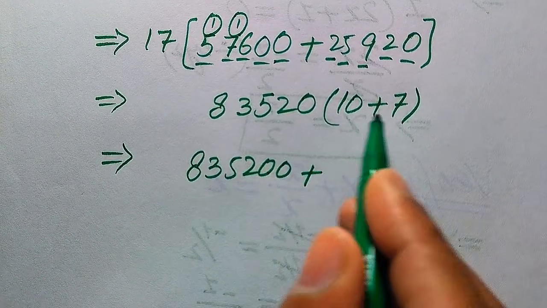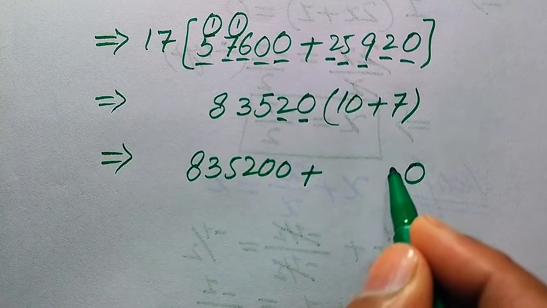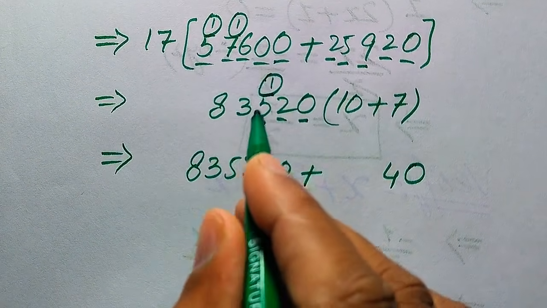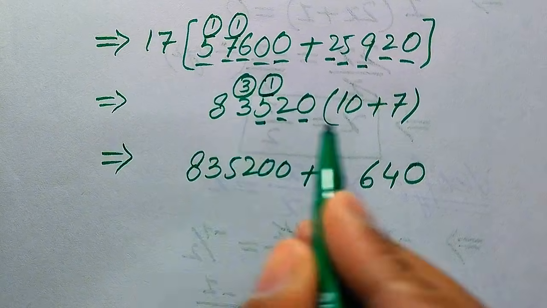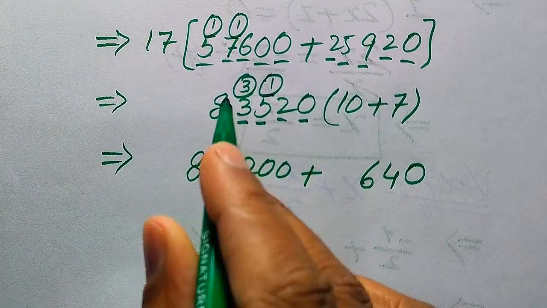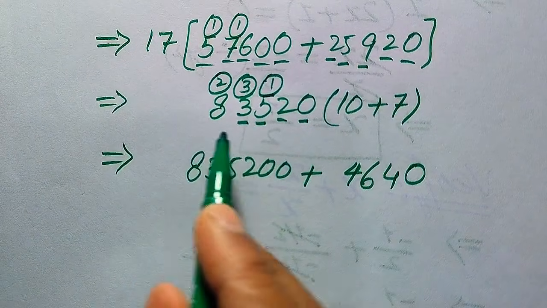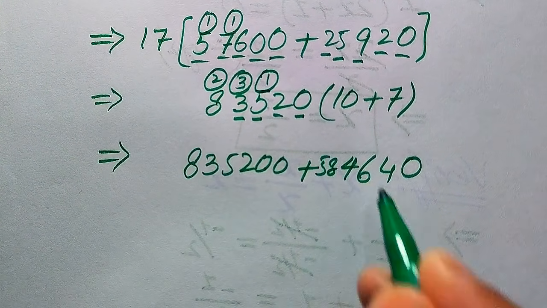And plus we multiply this term with 7, and we get 7 zeros are 0. 7 twos are 14. We write 4 and carry 1. 7 fives are 35. 35 plus 1 becomes 36. We write 6 and carry 3. 7 threes are 21. 21 plus 3 becomes 24. We write 4 and carry 2. 7 eights are 56. 56 plus 2 becomes 58.